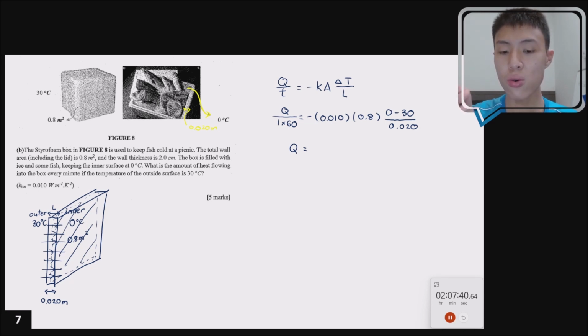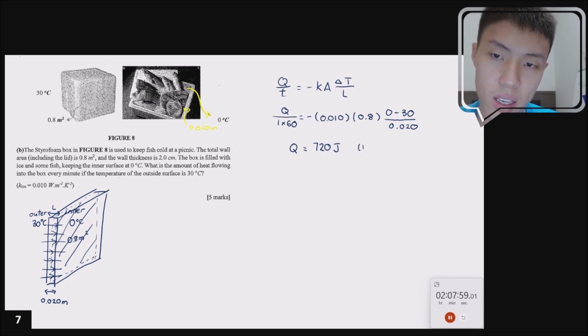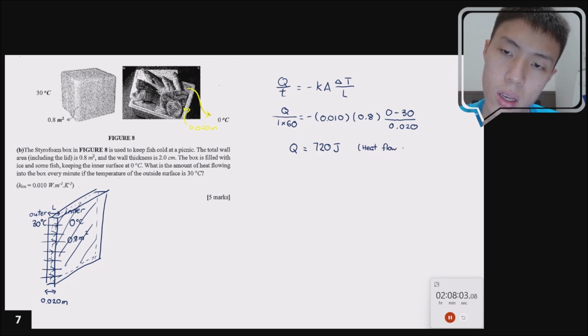Okay, so the Q over T is 12 watt right now, but they ask for per minute, right? They are not asking for per second. So times by 60, then you get 720. So this is 720 joule. Okay, so this one is the heat flow into the box every minute.